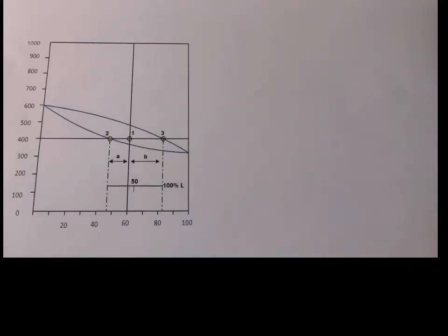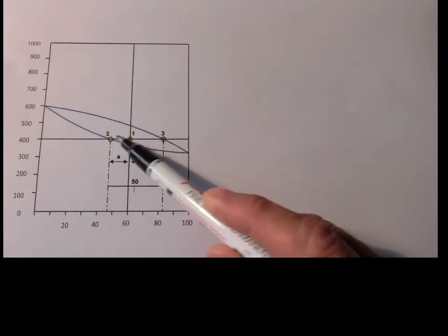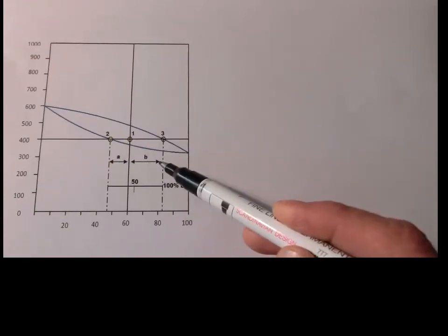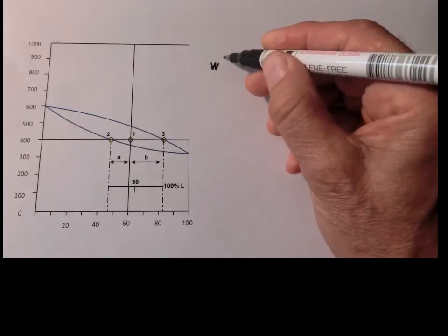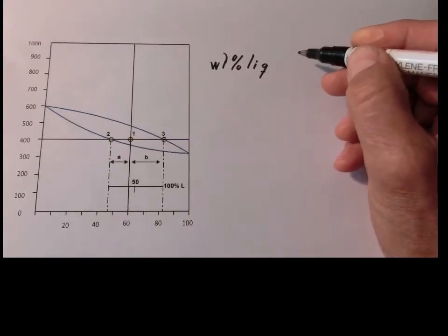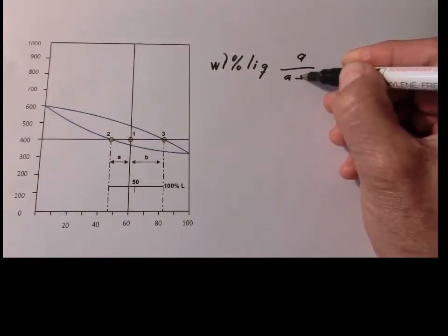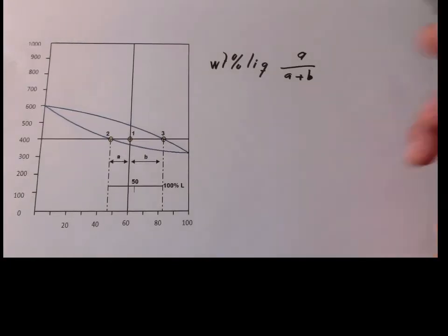We will use the distances on each side of this balancing point, that distance and that distance, and we will call them A and B. And if you want to assign the weight percent liquid, that will be equal to A over A plus B. Now we have to find what A and B are, and that we can get directly from the phase diagram.